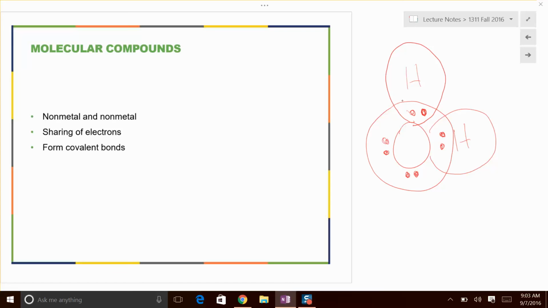Two, which is exactly what it wants. And so now they're very satisfied because they all have exactly what they want. Their valence shells are full, with either eight electrons for oxygen or two electrons for hydrogen.